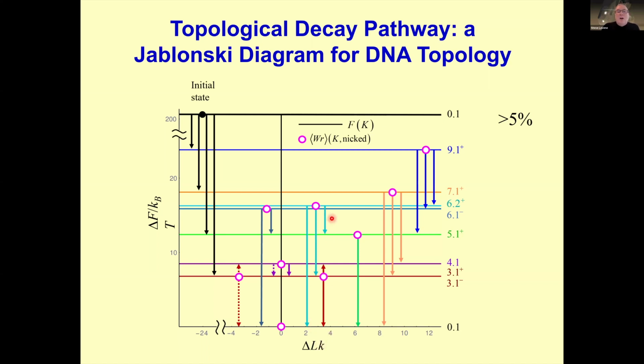And so these are all of the pathways where the resulting product has an abundance of 5% or more, because there are some very minor products that we don't look at. But yeah, these are all of the different pathways that take you to the most abundant species via this network of states. Thanks. Okay.